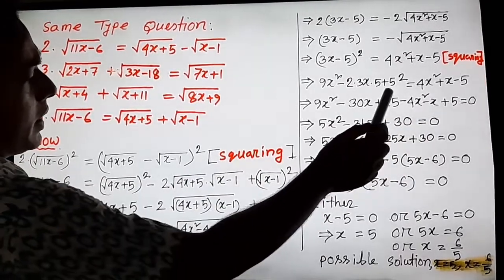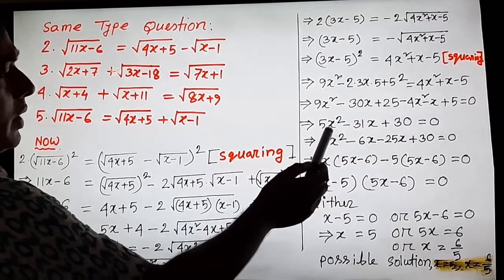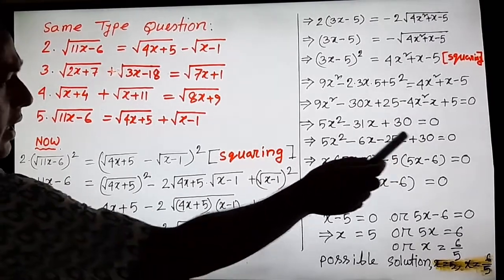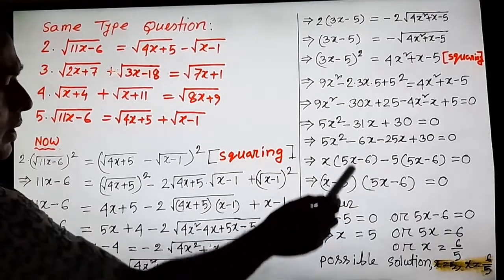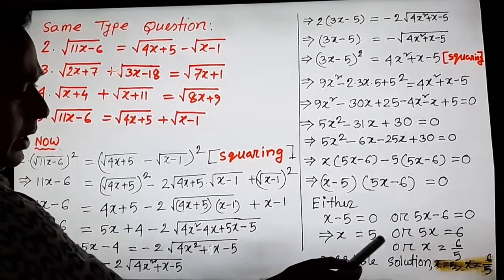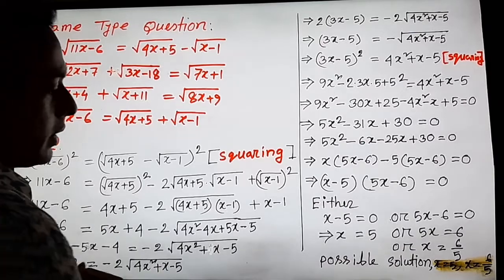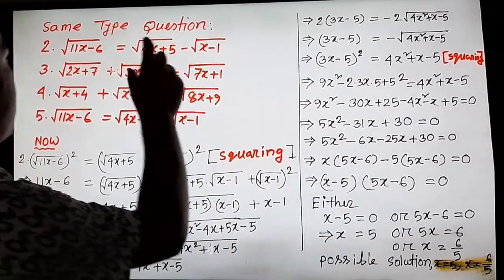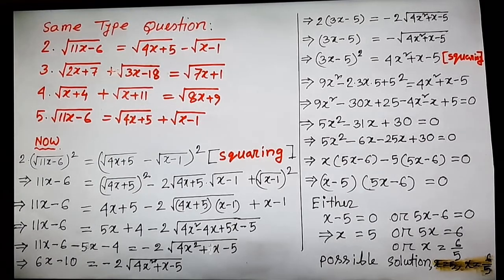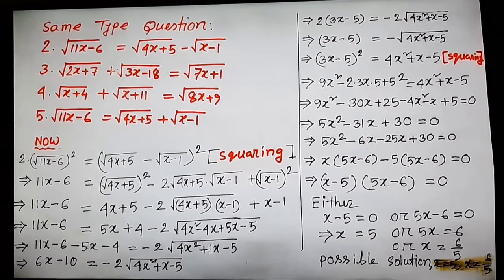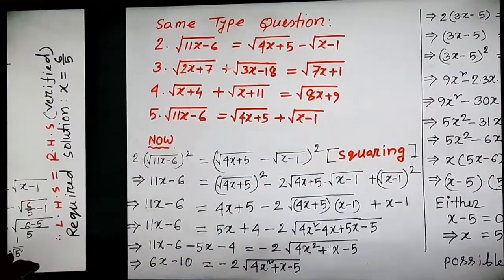After simplifying this calculation, we'll get this, and after the middle term process, we'll get the values x is equal to 5 and x is equal to 6 by 5, and this is our possible solution of the original equation. But this is not the confirmed solution. How can we do it? After this we need verification. So now we can observe the verification of these roots.